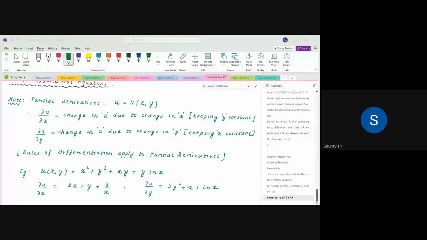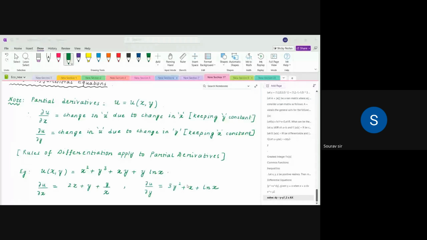Okay. Any questions, anyone? Please feel free to ask me if there is anything that is not clear over here. All right, repeating it once more. When you are partially differentiating with respect to x, you will be treating y as a constant, just like you do in differentiation. And when you are doing the partial derivative with respect to y, you need to treat x as a constant.